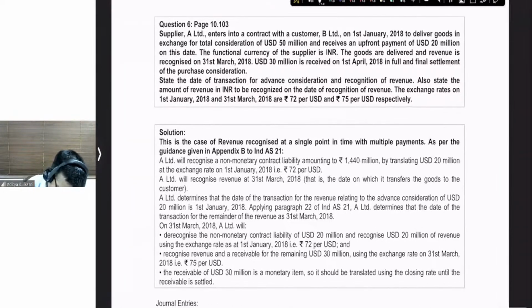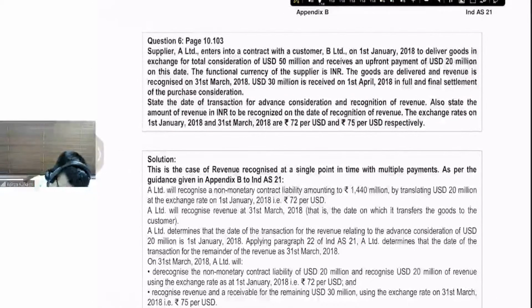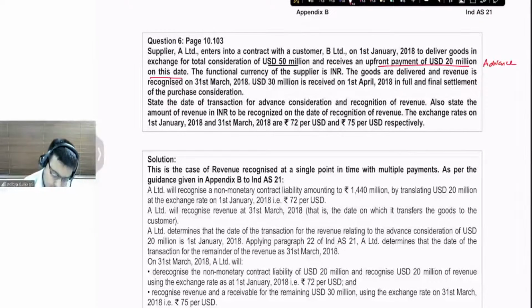Supplier A Limited enters into a contract with a customer B Limited on 1st Jan 18 to deliver goods in exchange for total consideration of 50 million USD and receives an upfront payment of 20 million on this date. So this becomes an advance. The functional currency of the supplier is INR.